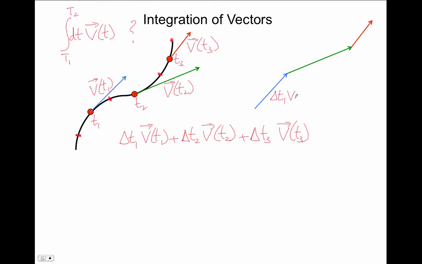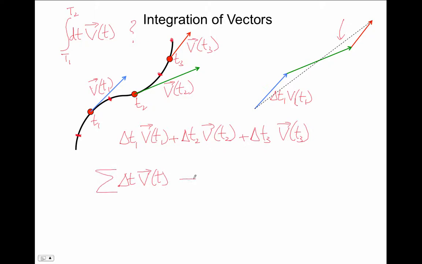So this is delta t1 v at t1, etc. Now these are vectors which can therefore be added together. The sum of two vectors is a vector, and then you add that to the third vector, and that's also a vector. And they have a resultant. That resultant is this. Now imagine that we were to take lots and lots of these delta t's and multiply by v's and then sum all of them up.